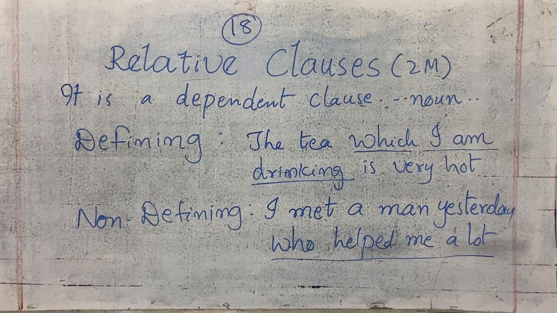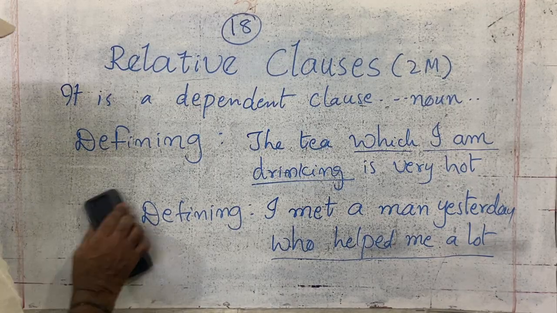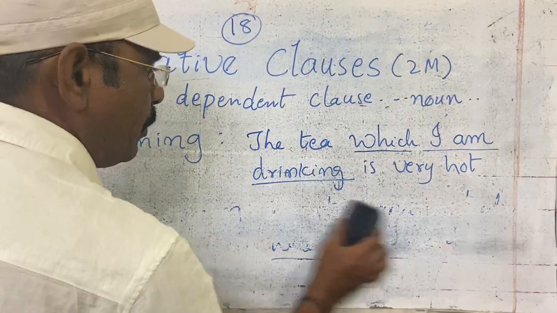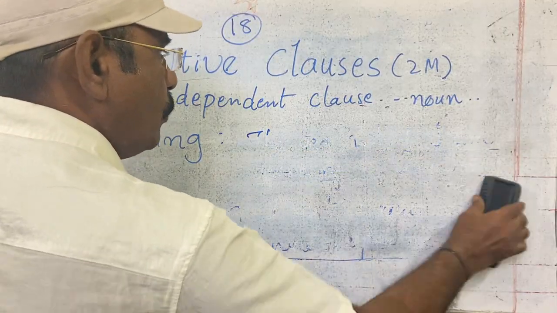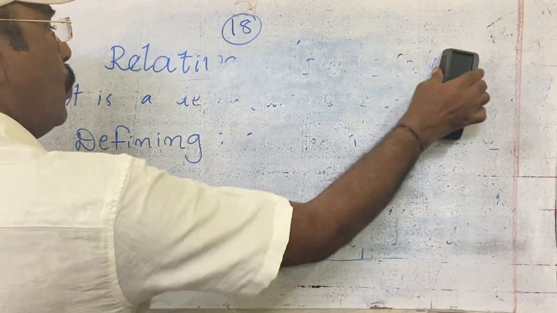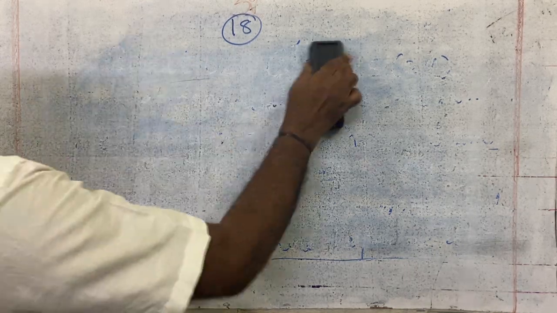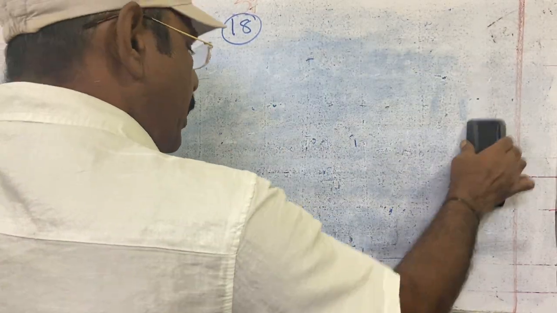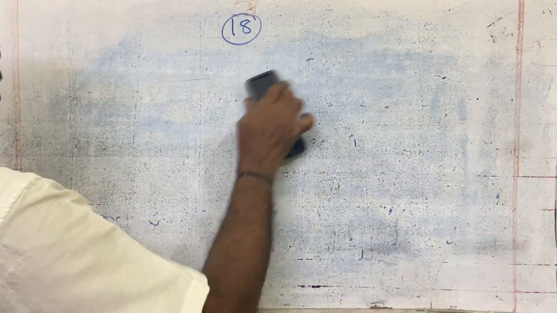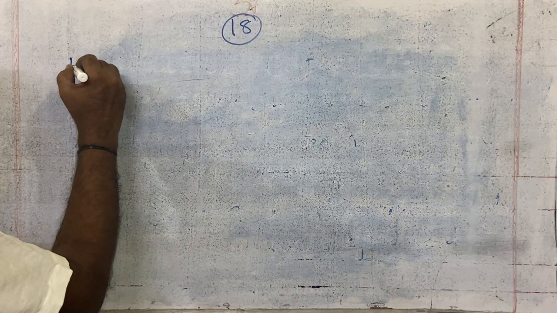Now we are going to verify what types of relative pronouns we are using here. Relative pronouns, you know, the WH pronouns. The first we are verifying is who.